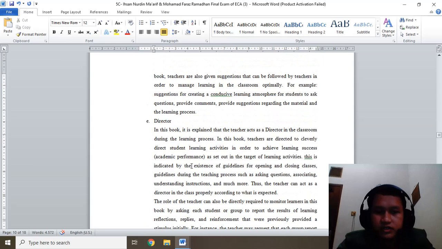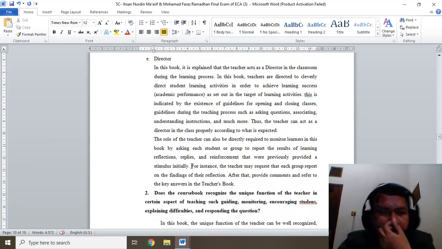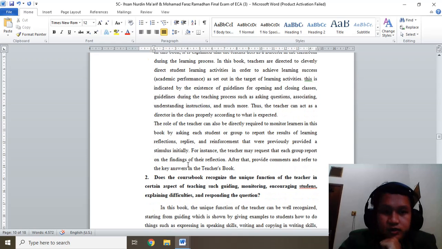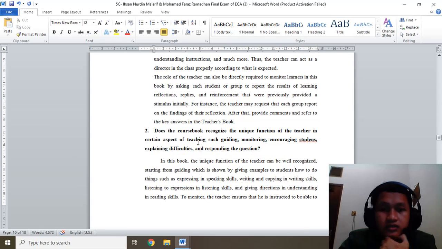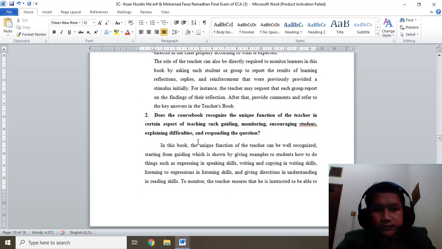There is the monitor point, and for the monitor point, it is yes, because the book guides teachers to monitor the students so that they learn the material well in the class.